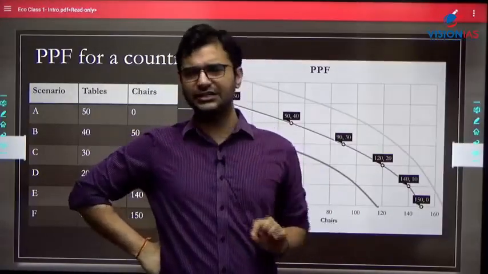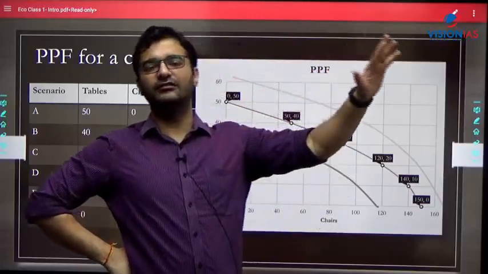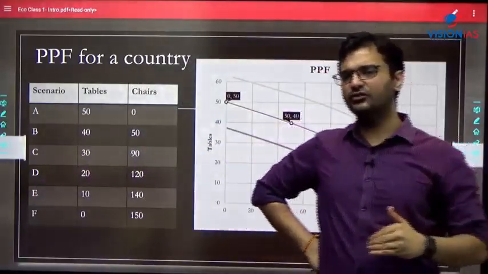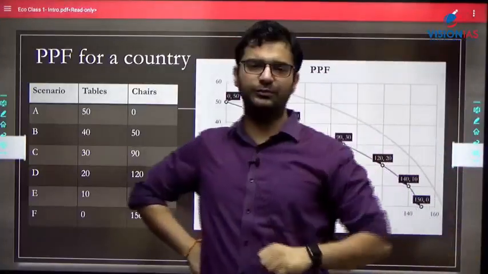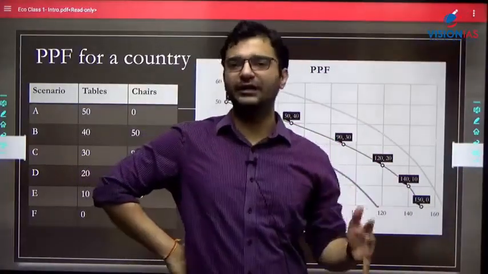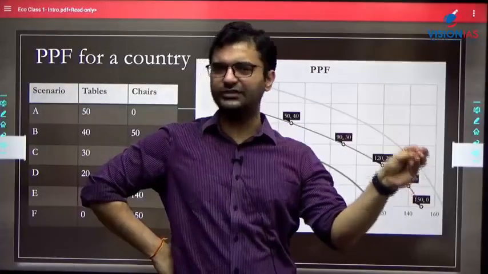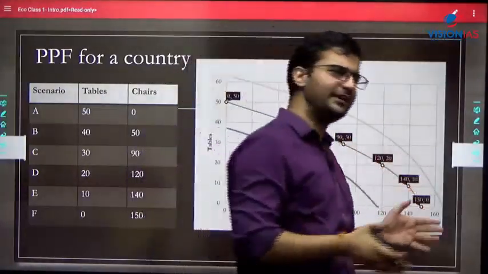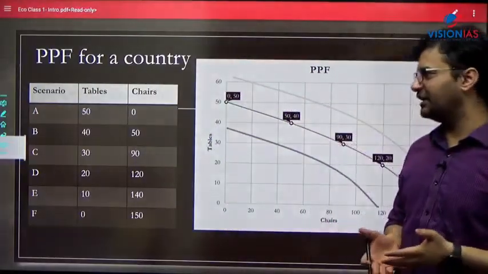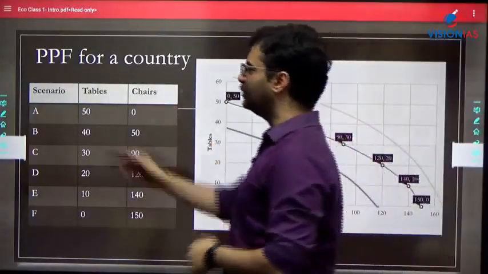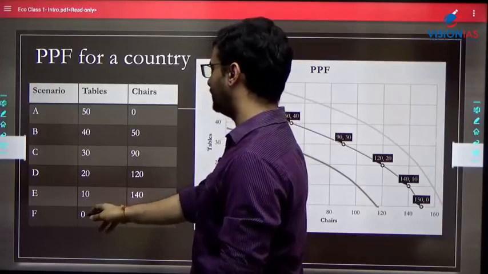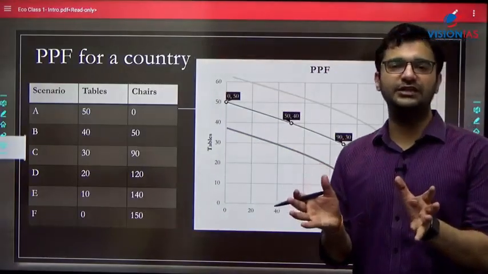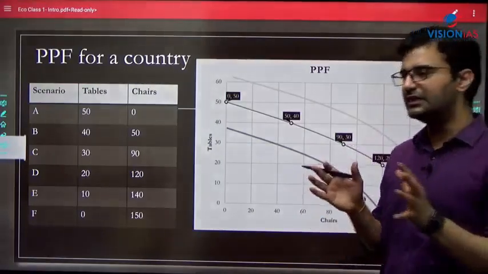A country has 1000 rupees, and from those 1000 rupees the country is deciding how much to produce. By spending the 1000 rupees you can produce some amount of chairs, some amount of tables, some combination thereof. Like the scenarios we saw, A, B, C, D, E, F, similarly you can have scenarios here. You can produce 50 chairs, or 0 tables and 150 chairs. So again, some combination of tables and chairs can be produced by the country by allocating its limited resources.